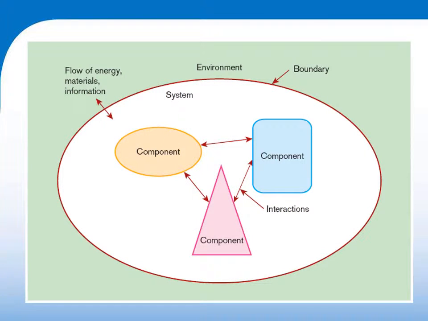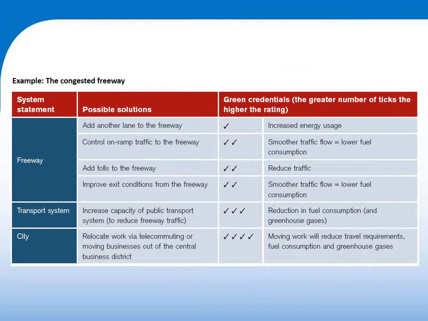Here is a system with components linked by interactions, a surrounding boundary and inputs and outputs across the boundary. Here is a systems chart for a congested freeway. This is discussed in the lecture notes.